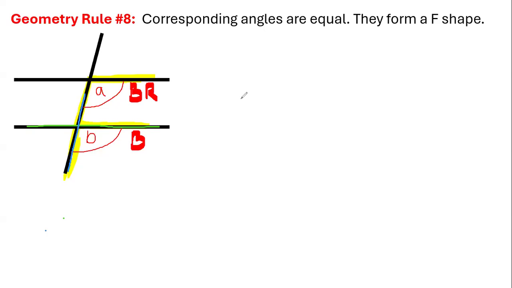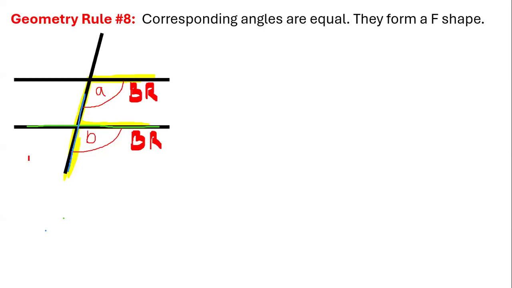To the right. Very good. So B is also at the bottom right. That's why they are called corresponding. So bottom right, bottom right. Does that make sense? Yes, sir. Very good.